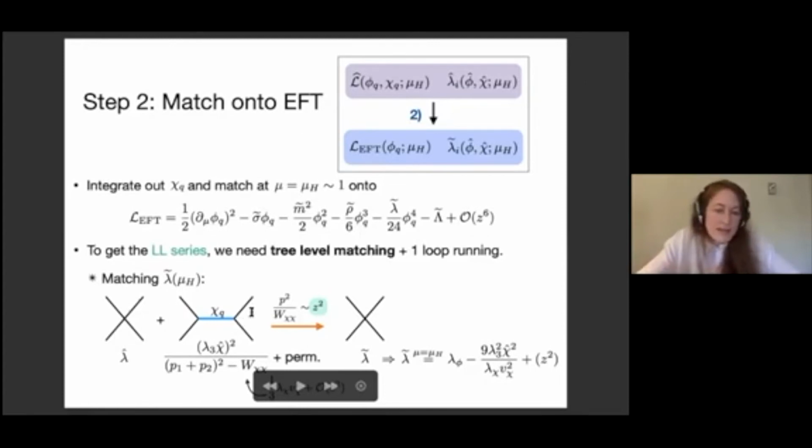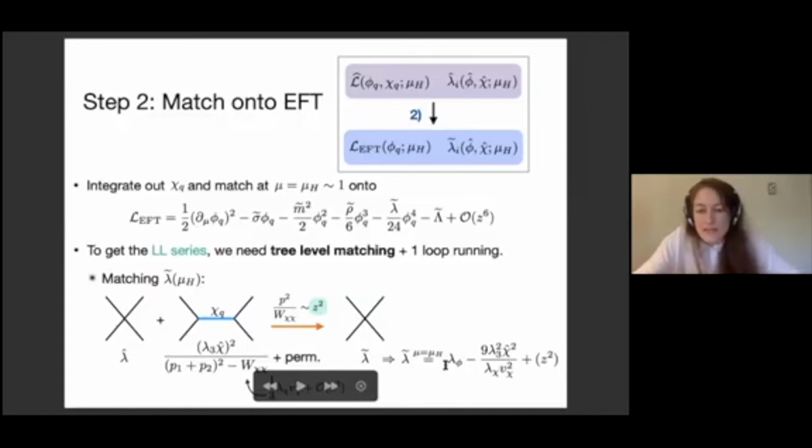And I have this diagram with the intermediate chi quantum, which is getting integrated out. And so this diagram looks like this, and I expand for small EFT momentum. So I expand out this propagator of the chi quantum, and match onto this vertex in the EFT.